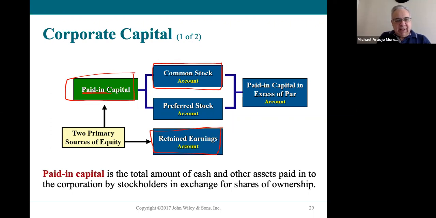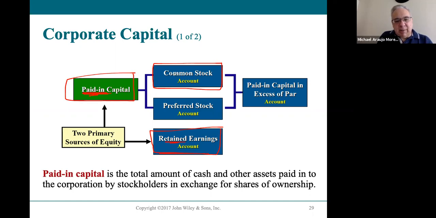Common stock is considered paid in capital because owners pay money in to the company. Retained earnings is not considered paid in capital because retained earnings is the profit that's been retained. Okay, so those are the primary accounts that we've dealt with.